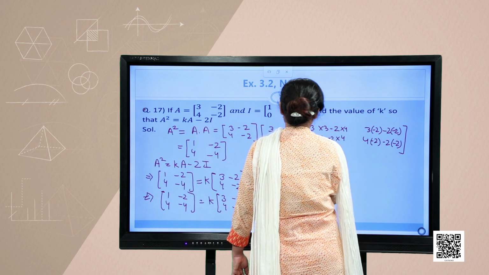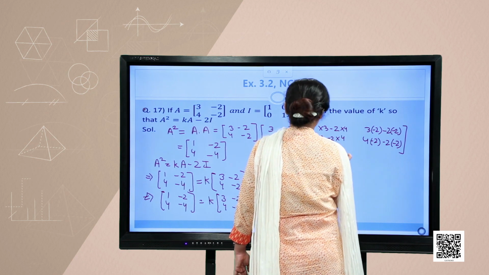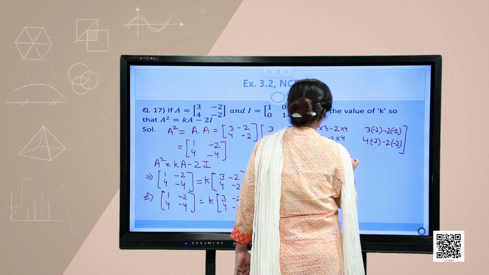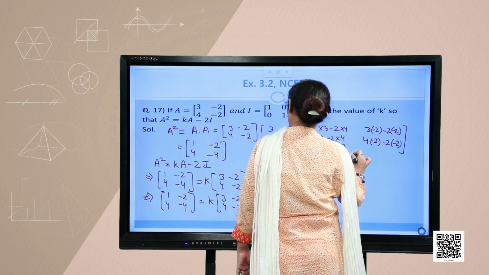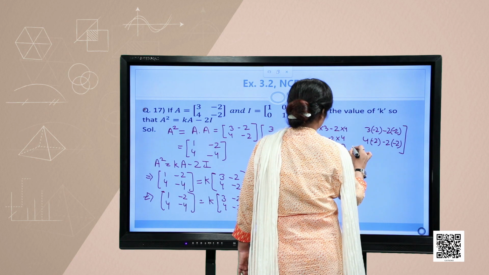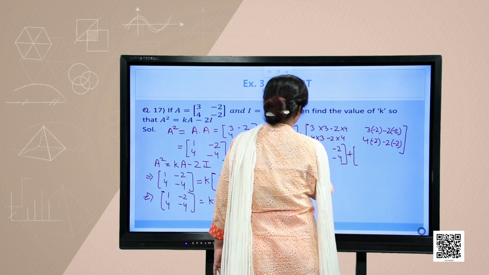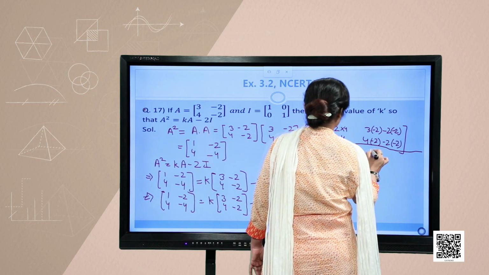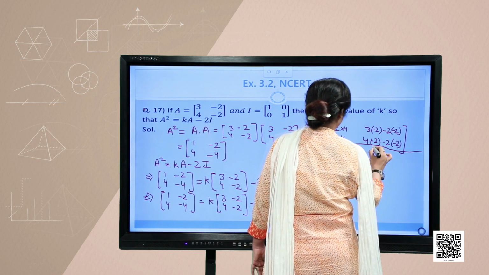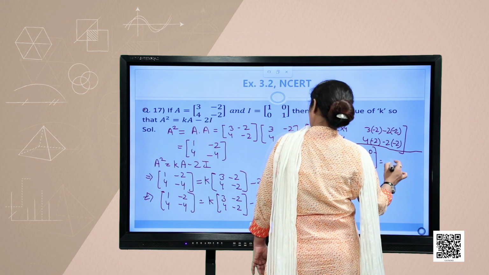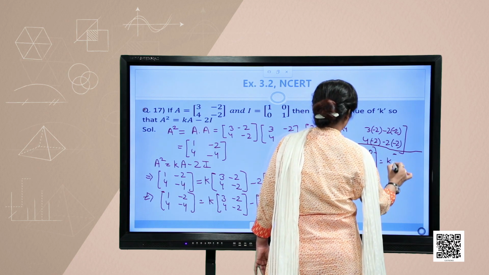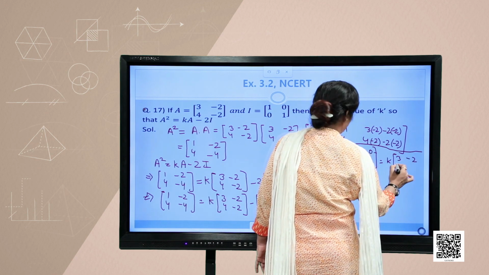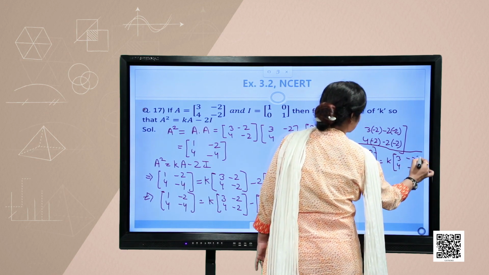I'll retain KA on one side and shift 2 times identity like this, and this is K into 3 minus 2, 4 minus 2.